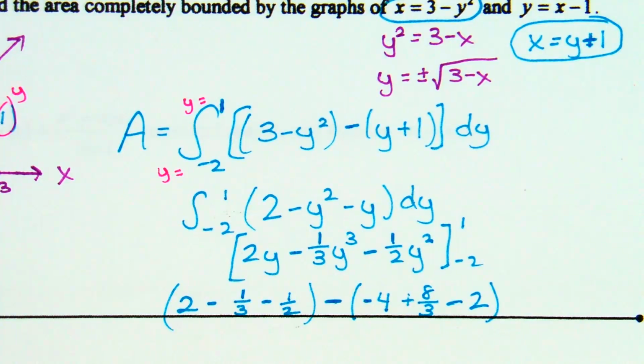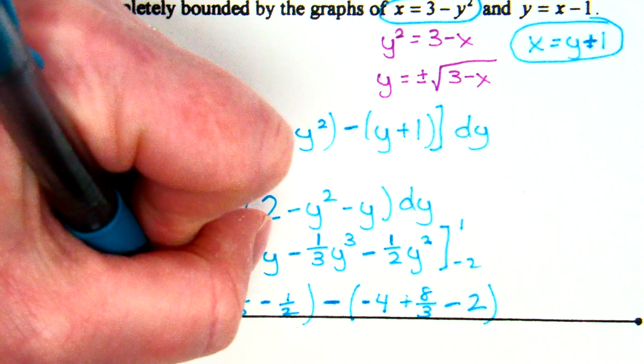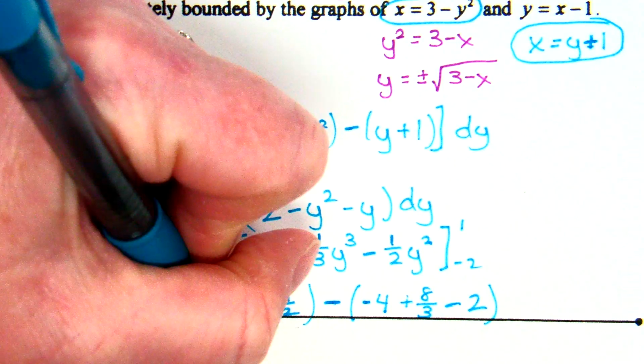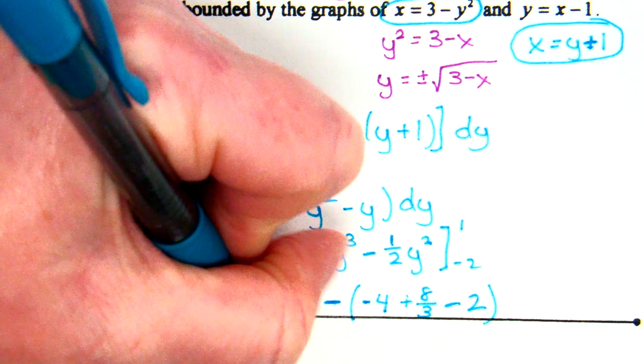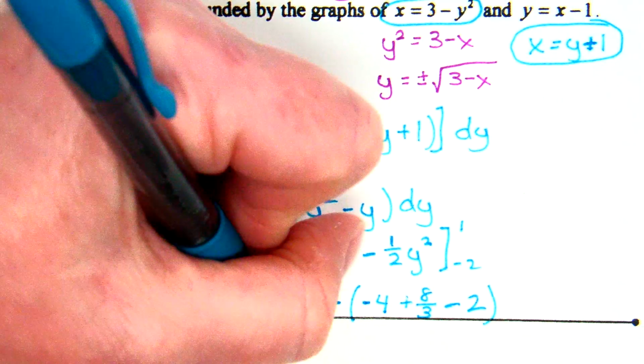Okay, we've got fractions to work with. You can do this how you want. You can put it all together. I'm going to make the common denominator for everything sixths. What is 2 in terms of sixths? 2 times 6 is 12, so 12 sixths. Minus a third is 2 sixths. Minus a half is 3 sixths.